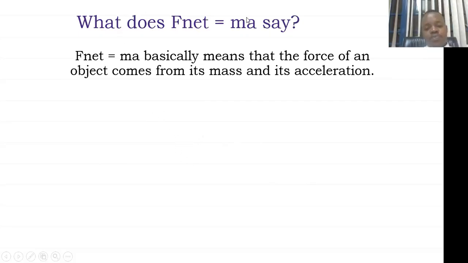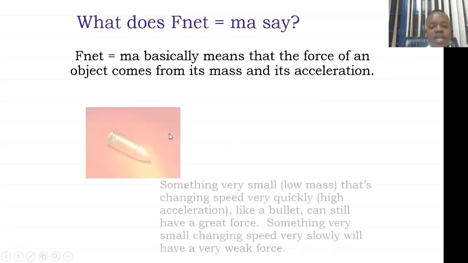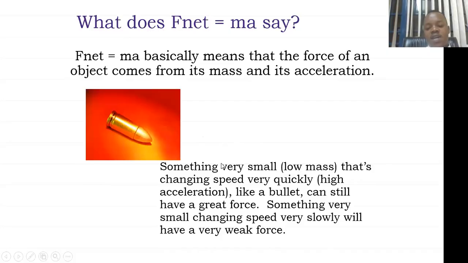So to look at this equation further, it basically tells us that the net force of an object is definitely determined by its mass as well as its acceleration. So it's not because of the mass only, and it's not only because of the acceleration, it's because of both the mass as well as the acceleration.